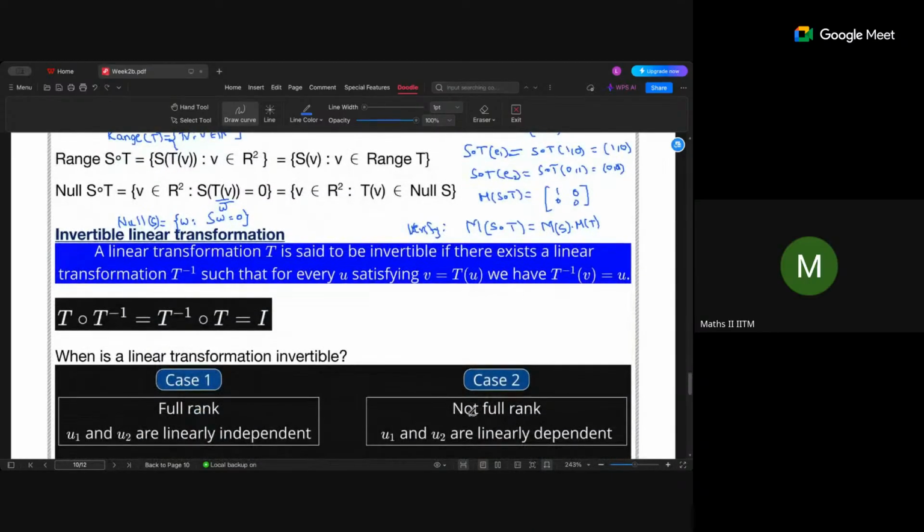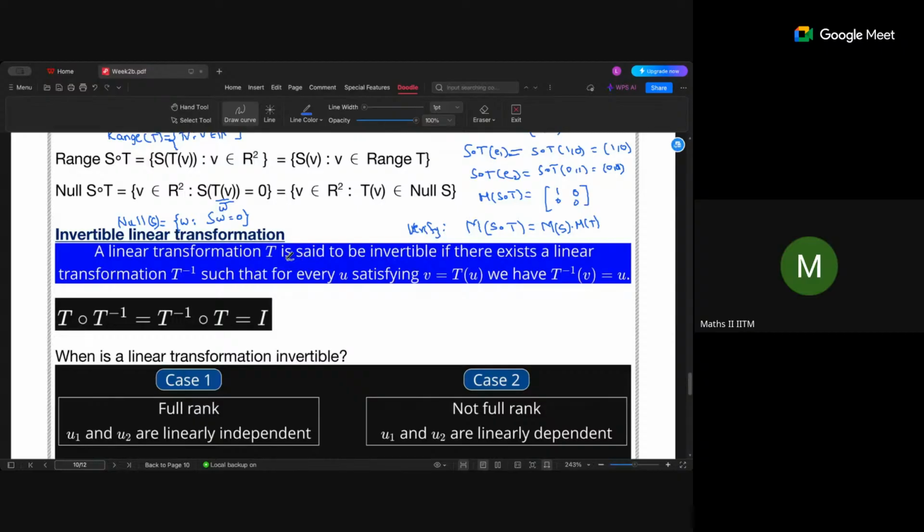The next topic is invertible linear transformations. A linear transformation T is said to be invertible if there exists another linear transformation T inverse which satisfies this condition: for every u, where v equals T of u, then T inverse of v is u.